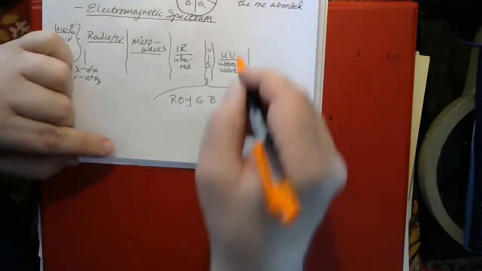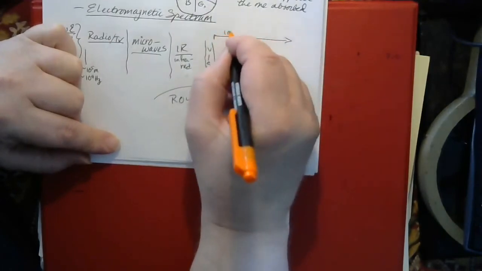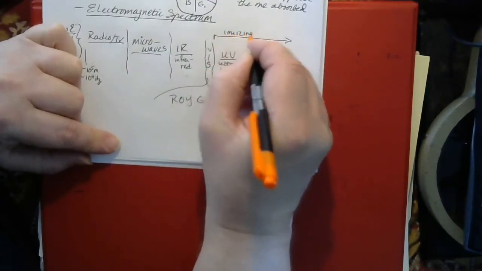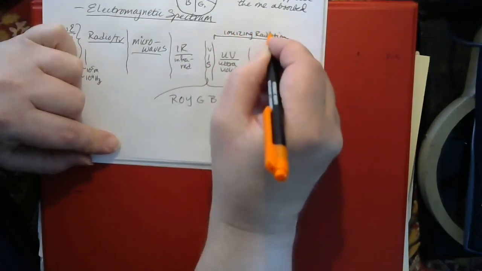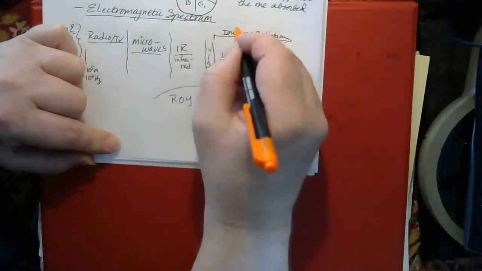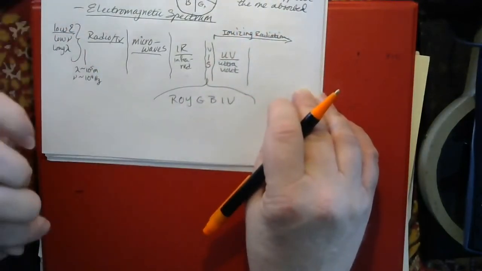Ultraviolet radiation. Ultra is a Latin preposition that means greater than, or bigger than, or beyond. And so ultraviolet radiation is the next one beyond violet in terms of energy. From ultraviolet on, we have what's known as ionizing energy or ionizing radiation.